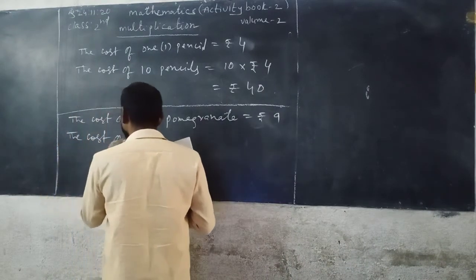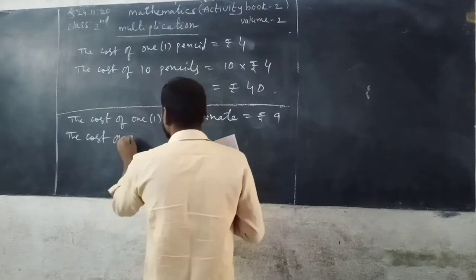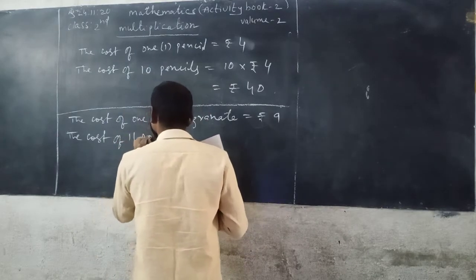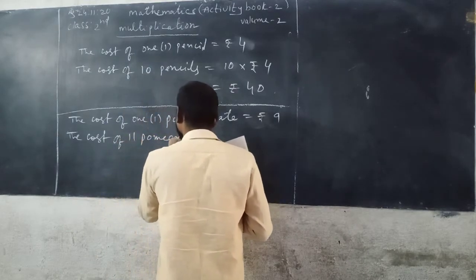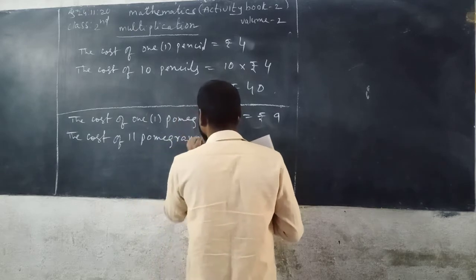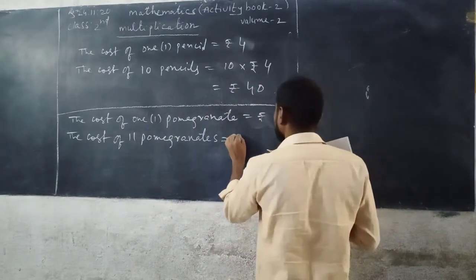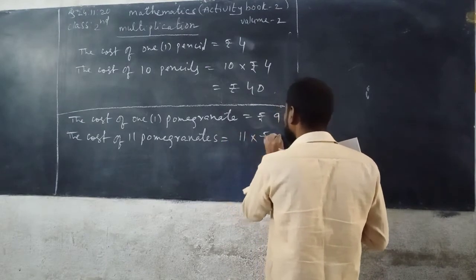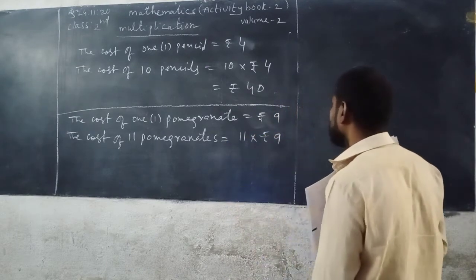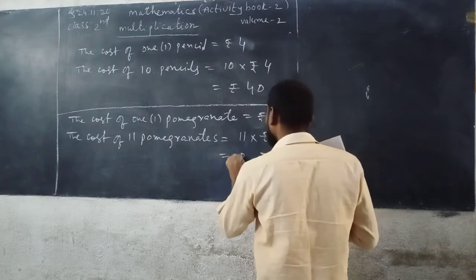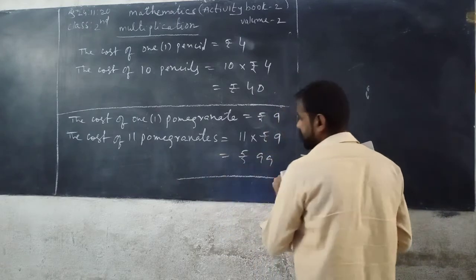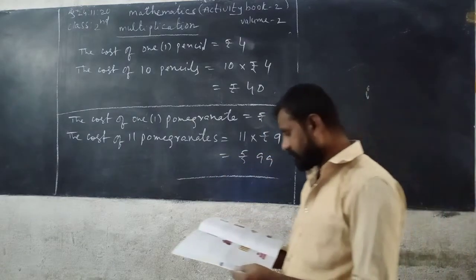The cost of 11 pomegranates is equal to 11 into the cost of 1 pomegranate, that is 9 rupees. 11 9s are 99.